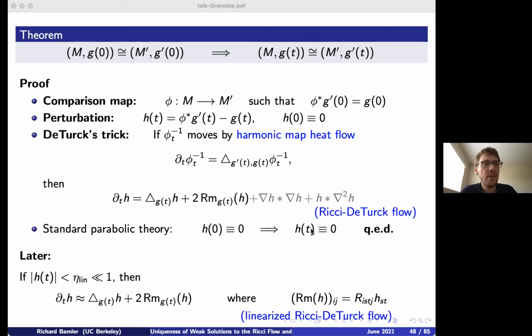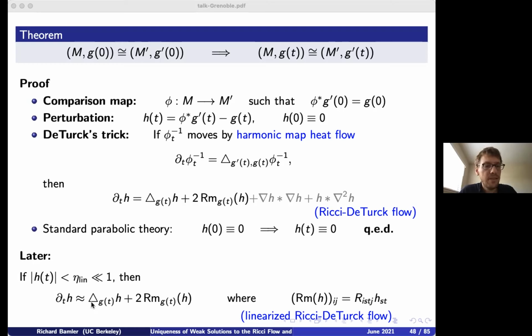Instead, we will only be able to say that h remains very small, and then we can let this eta go to 0 later. Okay? In a domain where h is very small, this quadratic term will go away, and the linear part can be neglected, I should say, no, the quadratic part can be neglected, and we're going to be left with this linear part. This linear equation here is called the linearized Ricci-DeTurck flow.